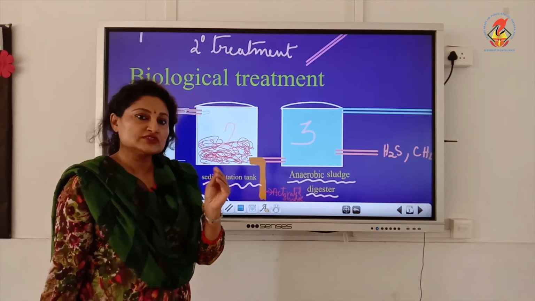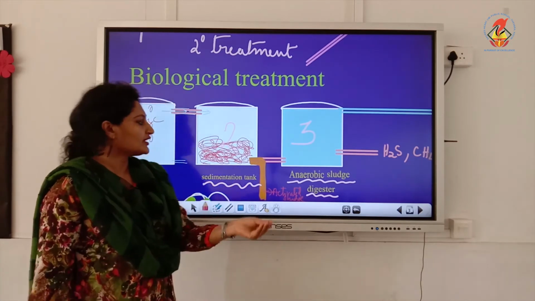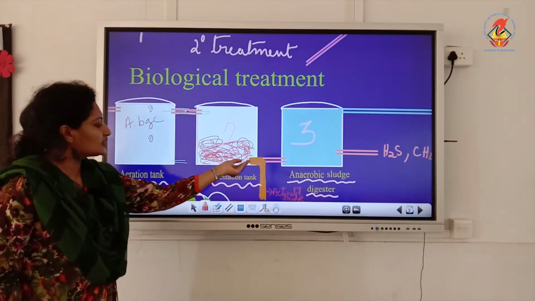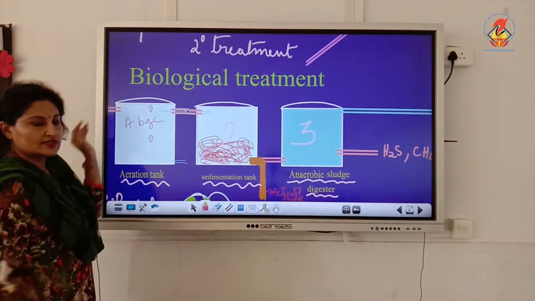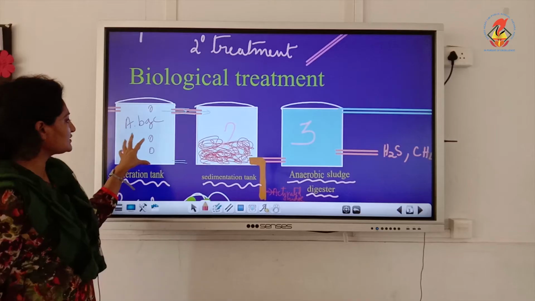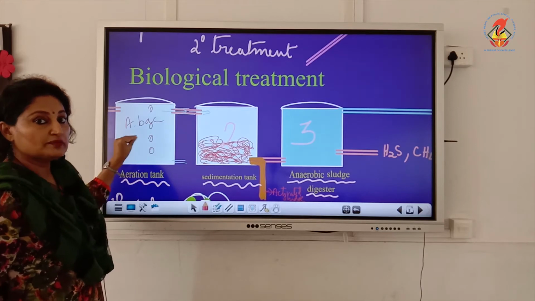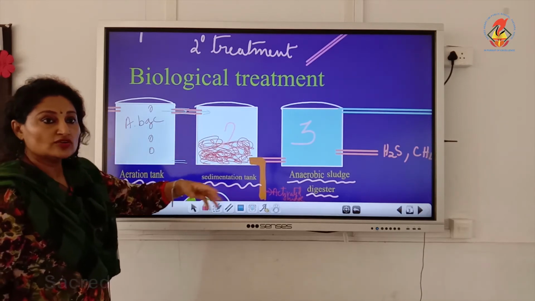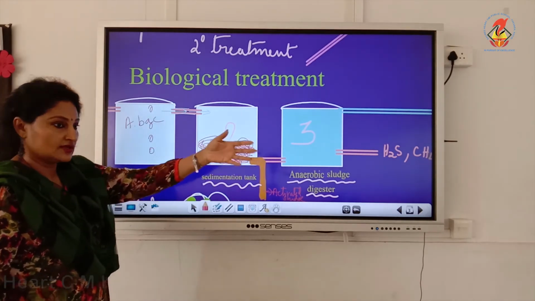So what was the previous curd serving as? It served as an inoculum. Same way here, this sludge which is taken from the sedimentation tank is used as an inoculum, to provide aerobic bacteria. I told you this aeration tank is a aerobic tank. It requires aerobic bacteria. Aerobic bacteria need not be produced in the lab by research scientists.